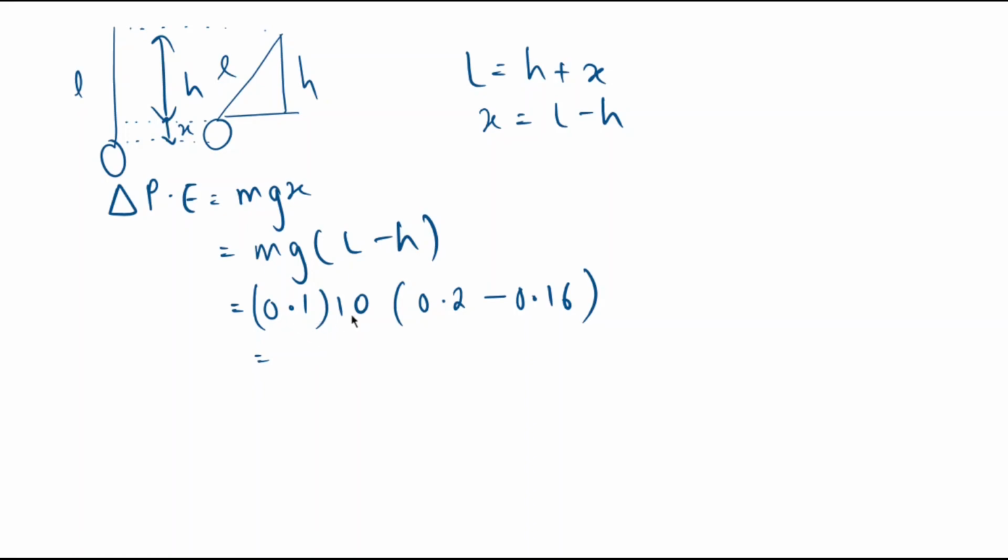So 0.1 into 10 will be 1, and 0.2 minus 0.16 will be 0.04. So the change in potential energy of the bob will be 0.04 joules.